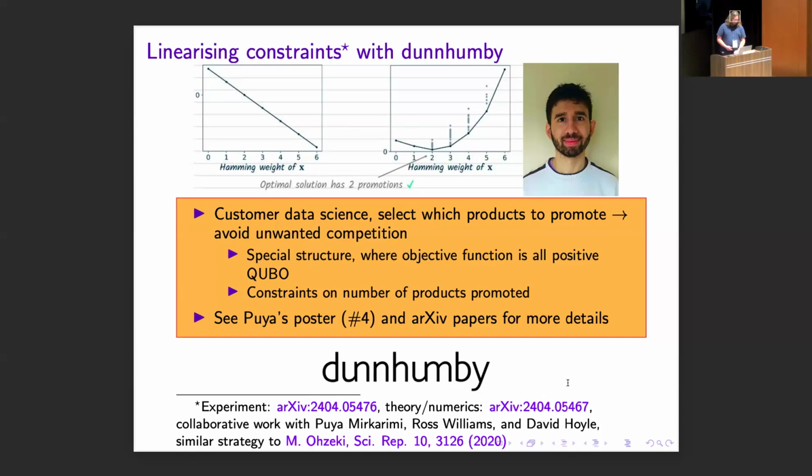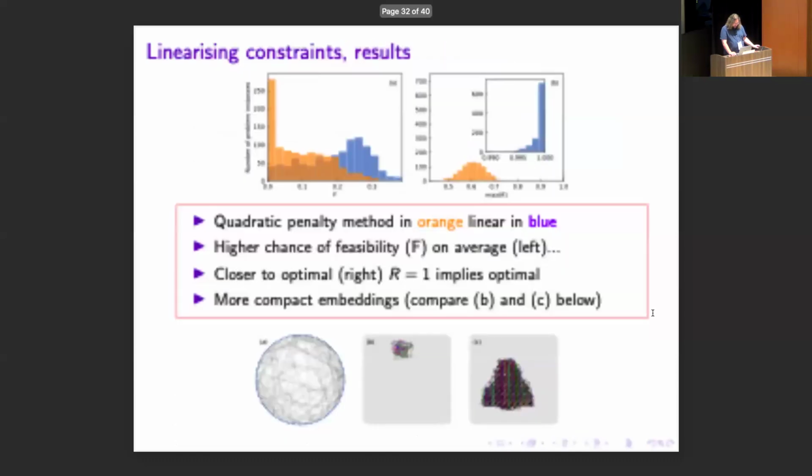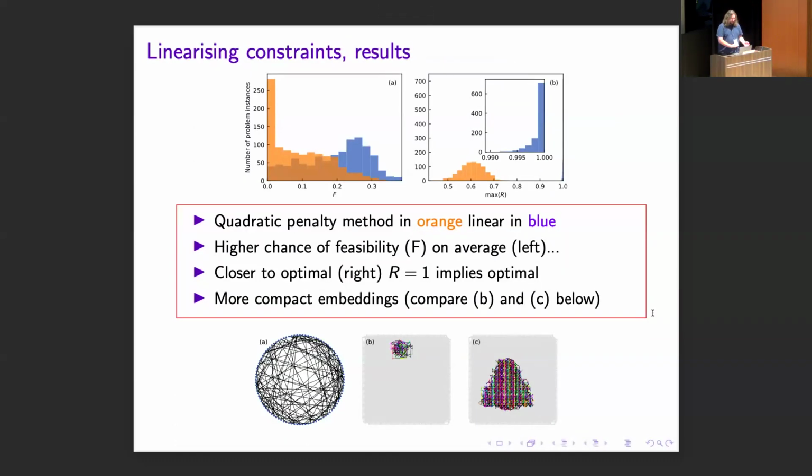I am going to note that this is very similar to a strategy that Ozeki looked at in an earlier paper, which is looking at a similar idea. And what we see is if we make the constraints linear, if we choose the right value, which we do quite a lot of work at looking at how to do, I don't have time to talk about it here, we have a higher chance of being feasible.